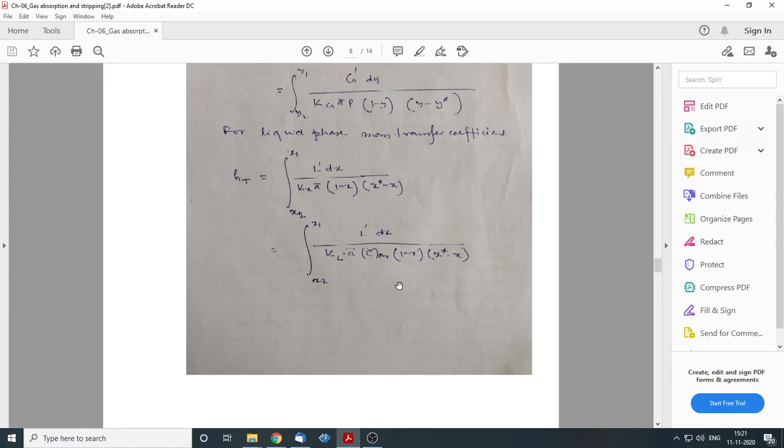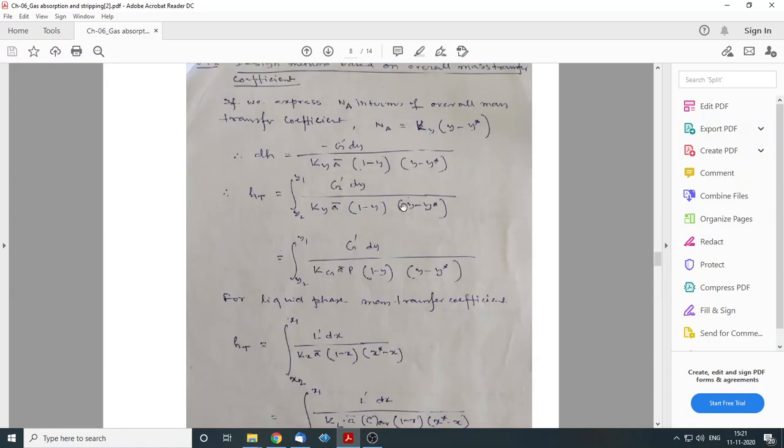Now you have to handle this in two ways. Either you use one equation, there are so many similar equations but you use one, and whatever mass transfer coefficient is given to you, you have to convert it as per your need.